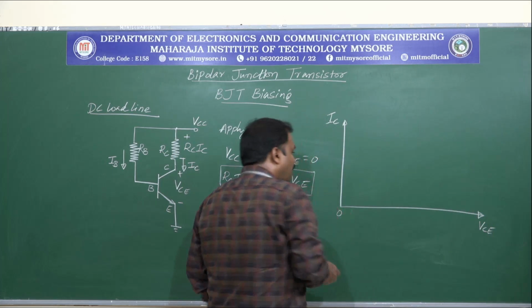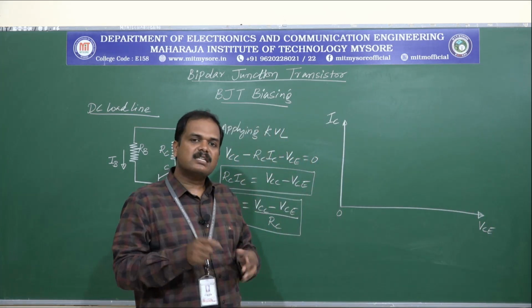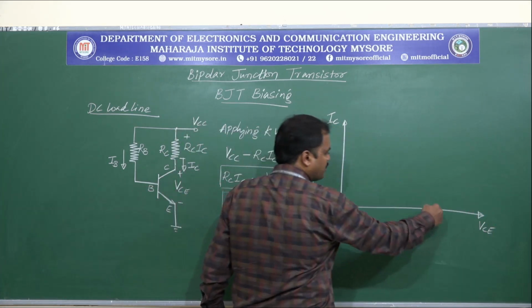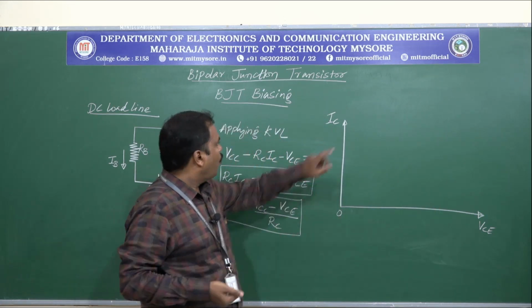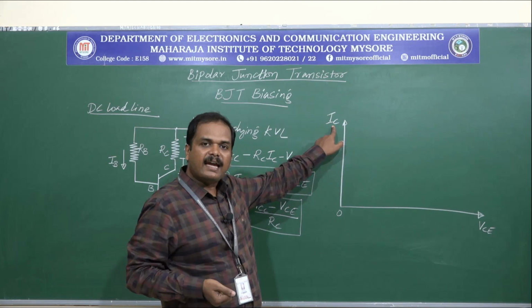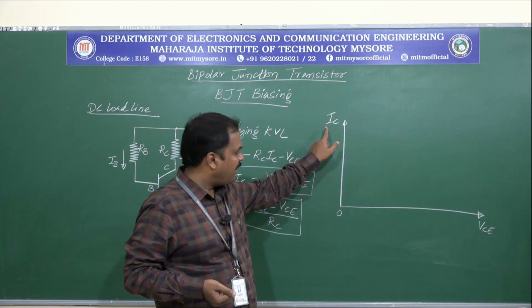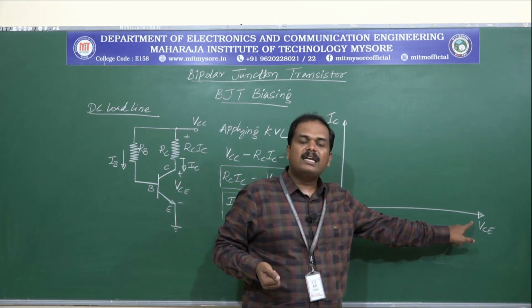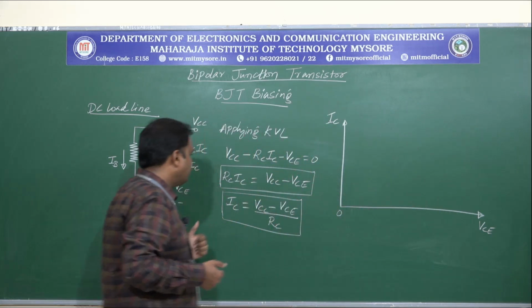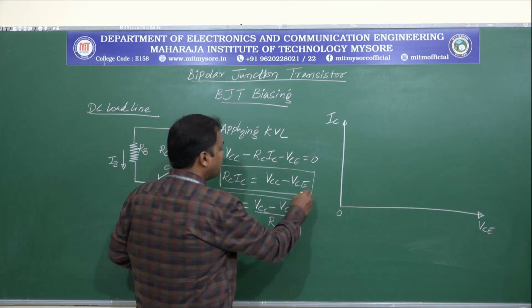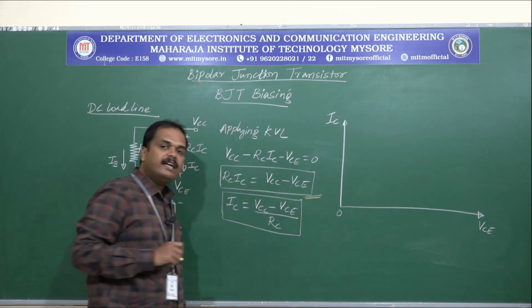Now the DC load line is a straight line drawn across this. In order to draw this, we need two coordinates, one on the IC axis, the collector current axis, the other one on the collector to emitter voltage axis. So how do we get these? Using this equation we can get those coordinates.